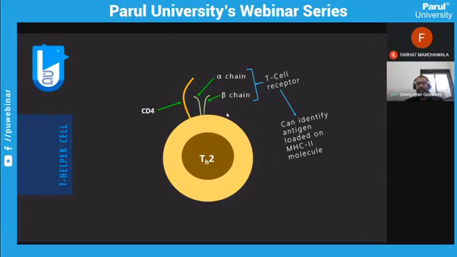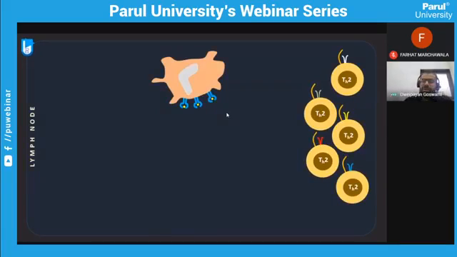Now, there are certain details that I will explain when we see what is happening. All these T helper cells are like twin brothers or sisters, but they have different antennas on them. Remember, all these antennas may not be able to identify the antigen.